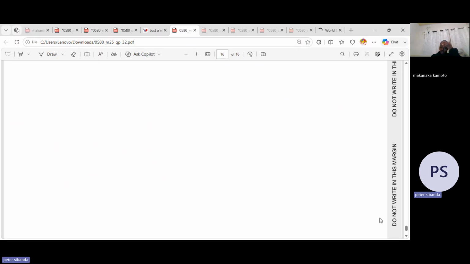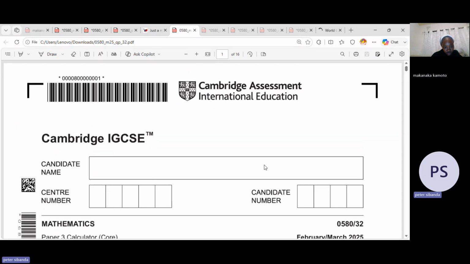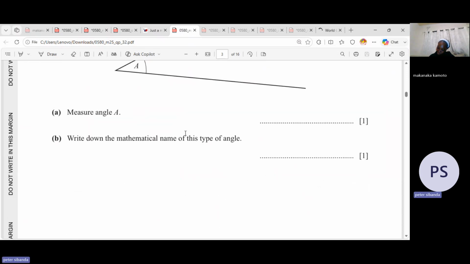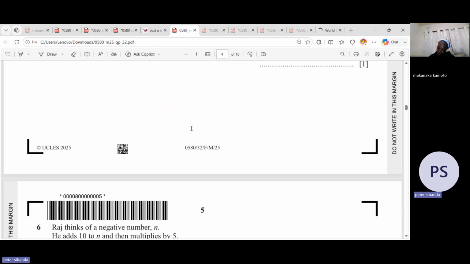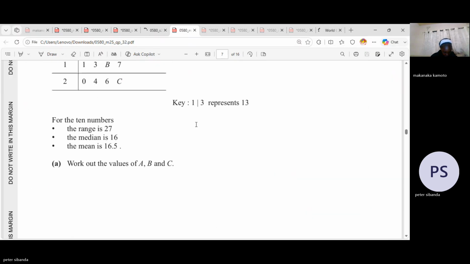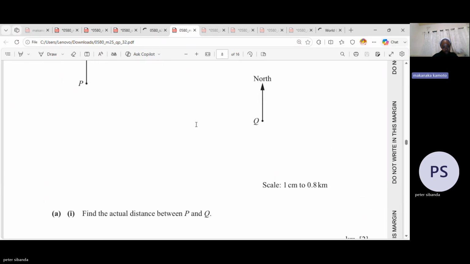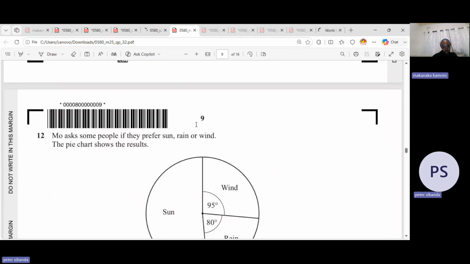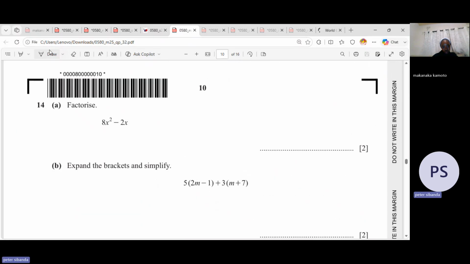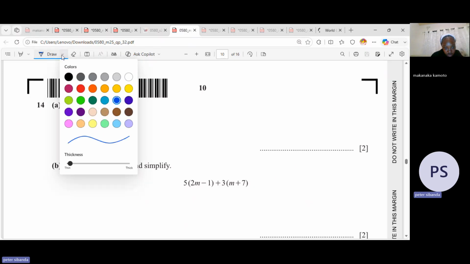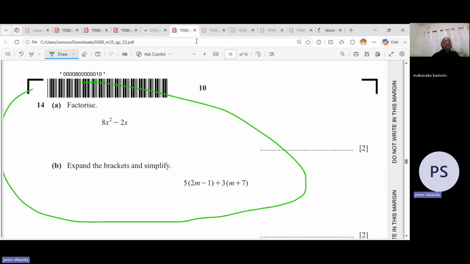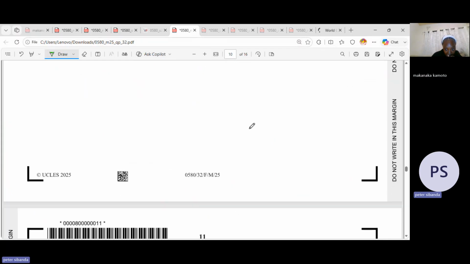Let's see if we can get something that is relevant to our lesson today. We have factorization again. So we're just going to be doing factorization as well here. But do we have anything else?